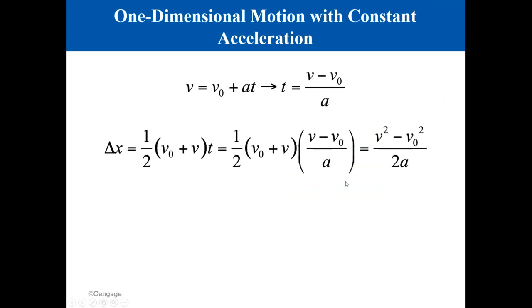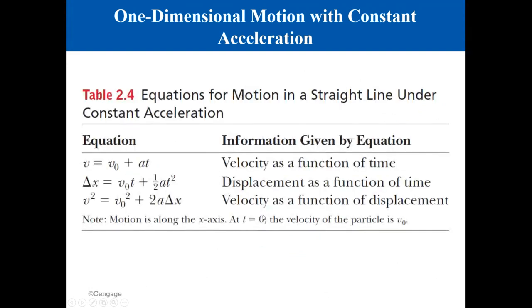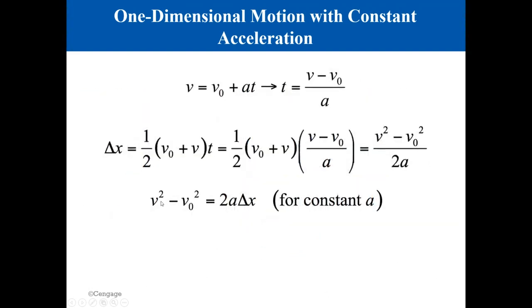We simplify. 2 multiplied by a is 2a, and (v naught plus v) multiplied by (v minus v naught) will give us v squared minus v naught squared. We can write this formula as v final squared minus v initial squared equals 2ax. This is the fourth kinematic equation, again at constant acceleration.